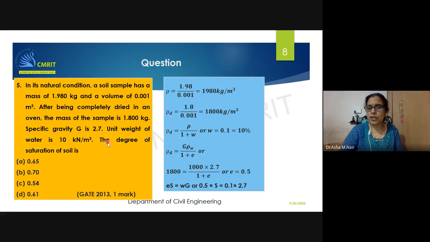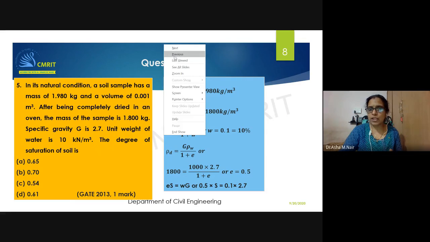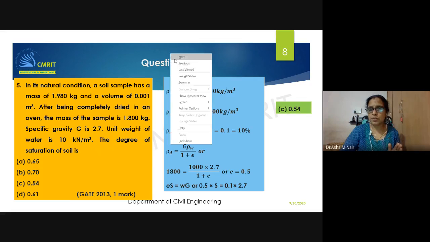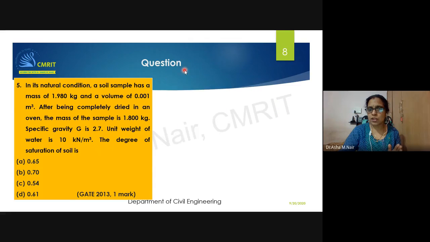Now, please note you are asked to find out the degree of saturation. As I'm telling you repeatedly, you should be well versed with the equations because you should know which equation you have to use. In this question, you are asked to find the degree of saturation.